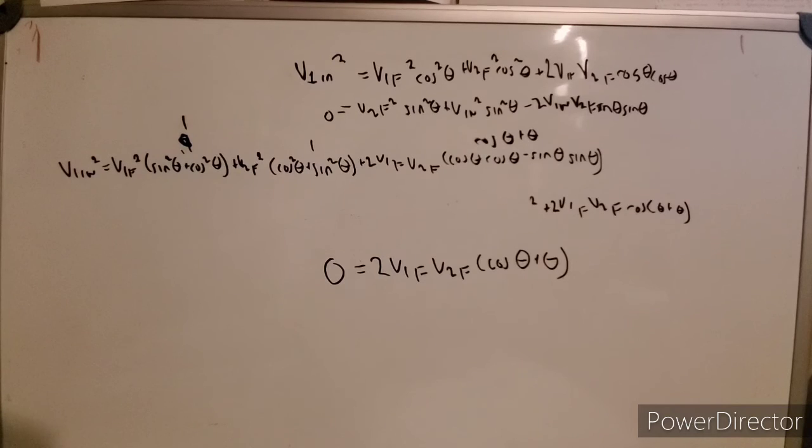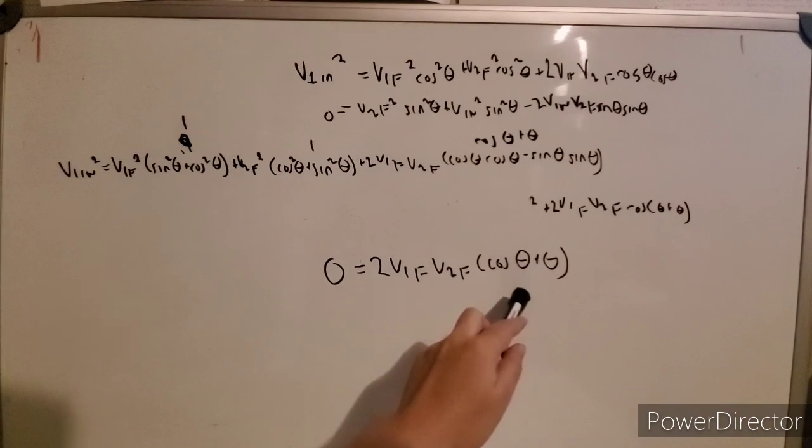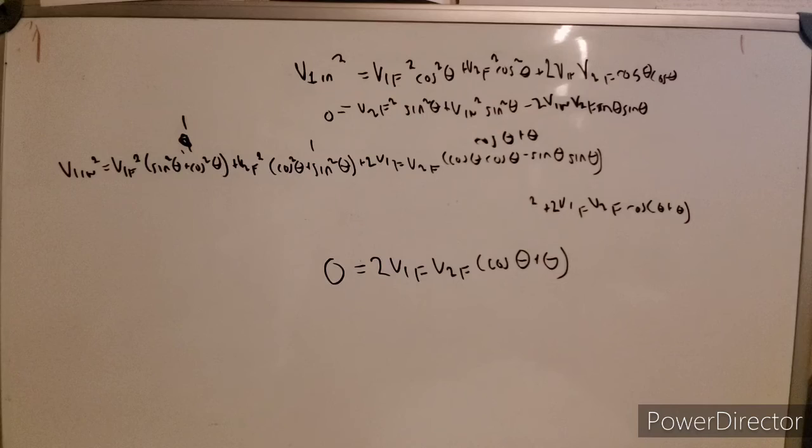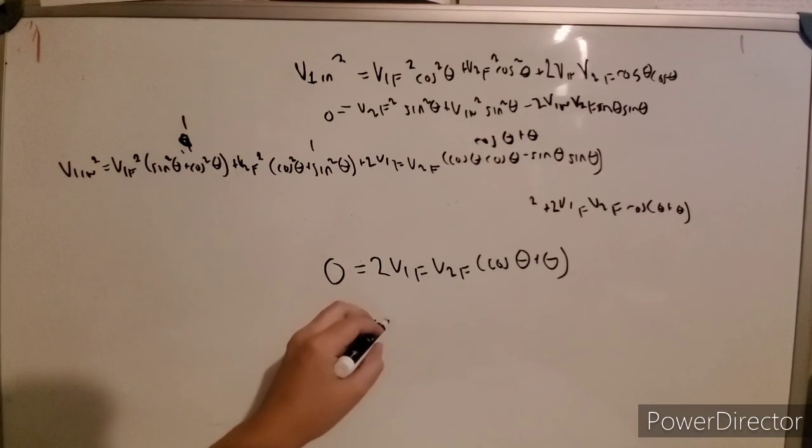And so v2 final is our ball at the top, and v1 final is the cue ball at the bottom. And so it comes down to basically cosine of theta plus theta, and the equation will be 0 is equal to cosine of theta plus theta.